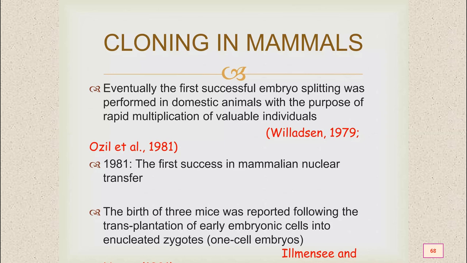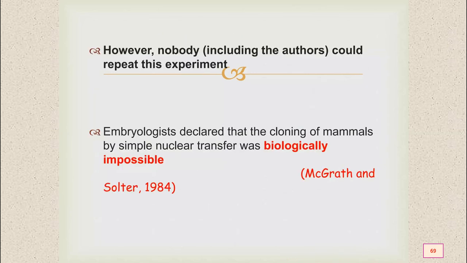It began in the 1980s or earlier, and nowadays everyone is noting the cloned animals. In very old days, the embryologists declared that cloning of mammals is impossible. Nuclear transfer was biologically impossible, but later it was proved that it is possible.